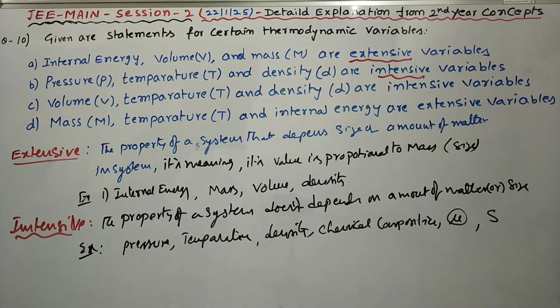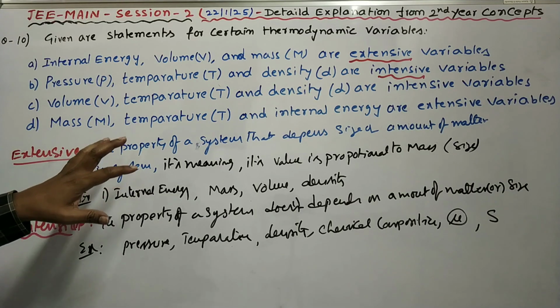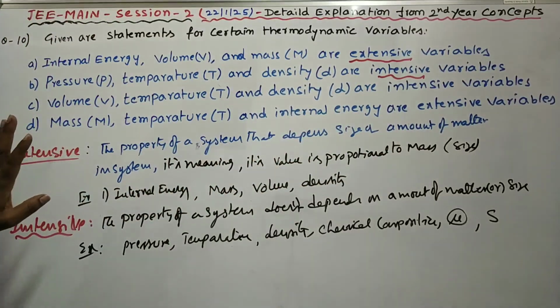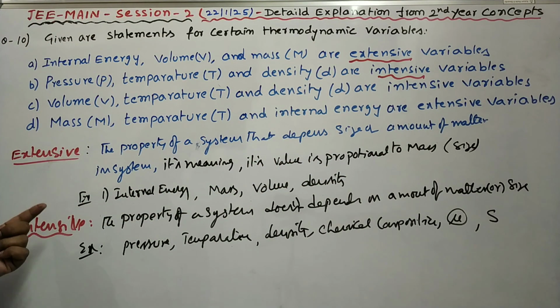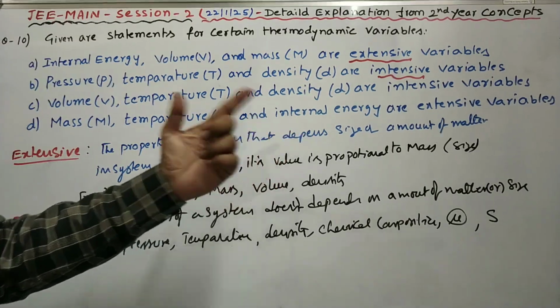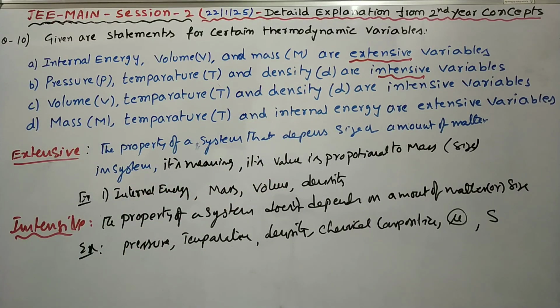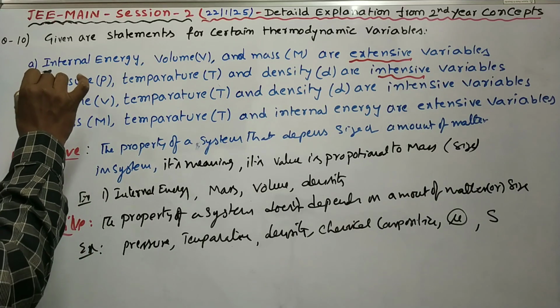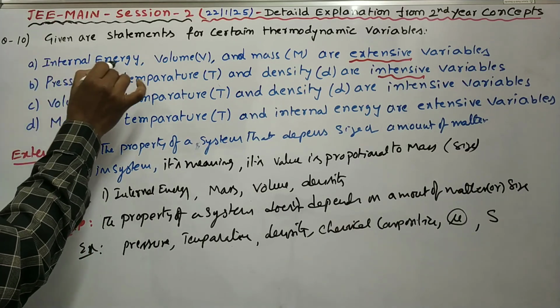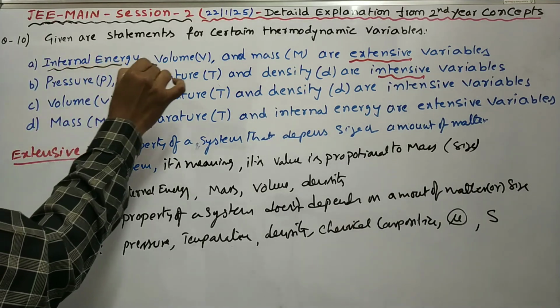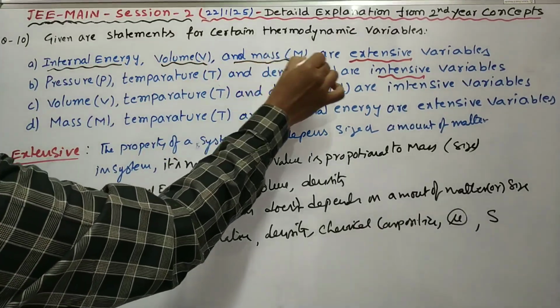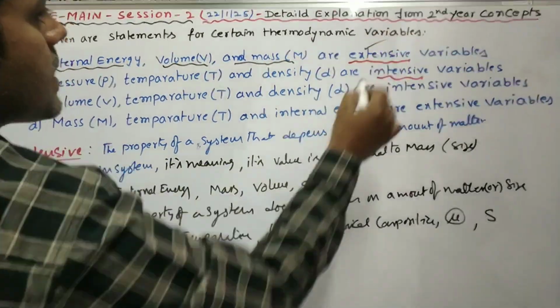Extensive parameters depend on size or amount of matter, but intensive parameters do not. According to this, internal energy, volume and mass are extensive, which is correct.